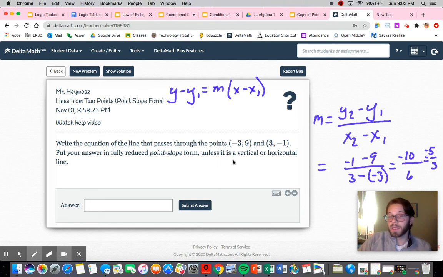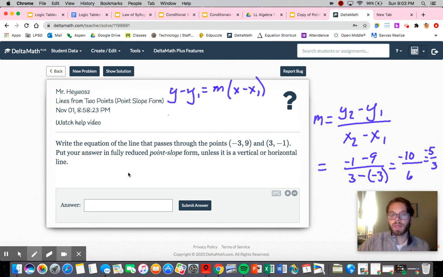I am going to pick this one because it has smaller numbers, but there's no particular reason why I'm not picking the other point. We're not necessarily doing anything with it other than writing it, so it's okay, and you just need to be careful and make sure you're consistent. So you don't just do the -3 and then the -1. That's not what we're looking for. You just have to be consistent.